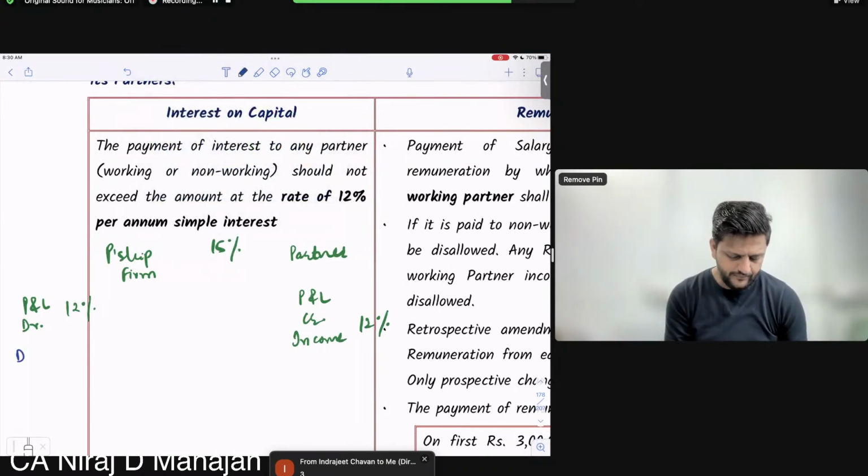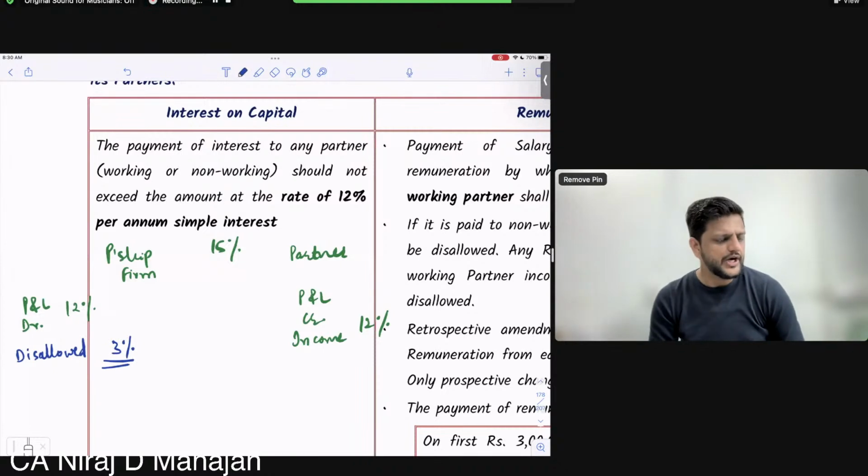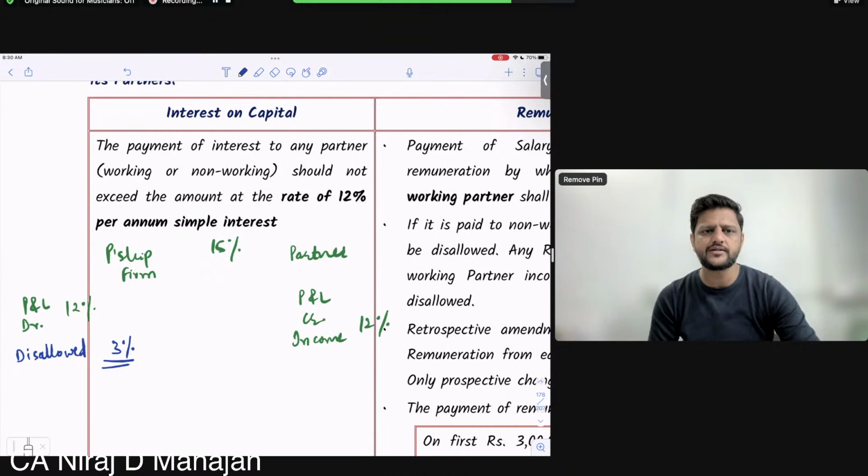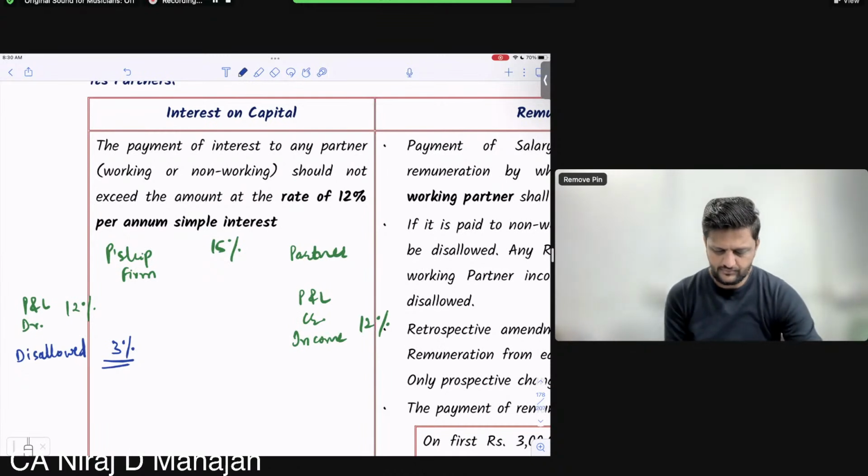Disallowed or not? 3%. Just try to understand this. Is this amount already taxed or not taxed now in the hands of the firm? The 3% interest on the capital, is it taxed or not taxed in the hands of the firm? Are you understanding my question?